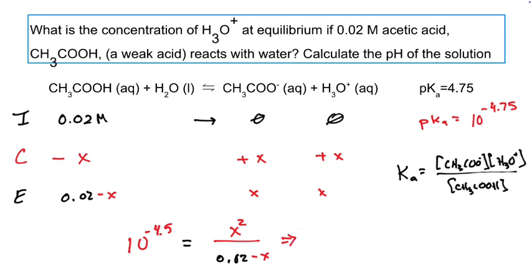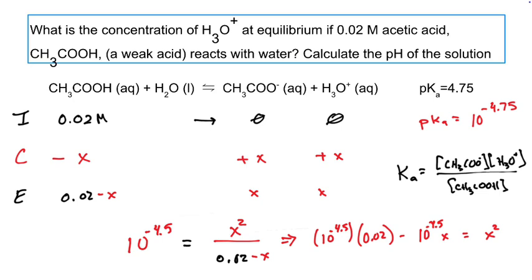Because that would become 10 to the negative 4.5 times 0.02 minus 10 to the negative 4.5 times X equals X squared. We could group all our terms onto one side of the equation, and we would then have a quadratic to solve. How do you solve quadratics?